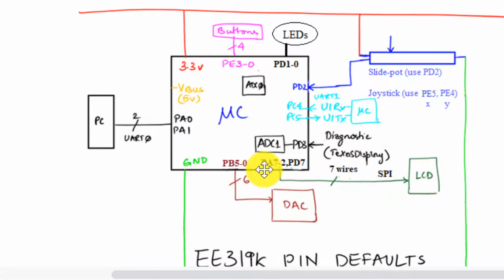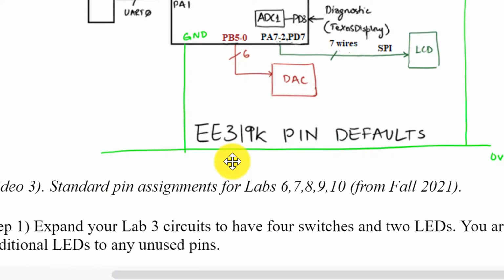When we do Lab 7, we're going to use PA7, 6, 5, 4, 3, 2 for the display, and our DAC from Lab 6 used PB5 through 0. So again, if we all use these pin defaults, then we can take your assignment 1s, merge you together, and create teams to lay out assignment 2.